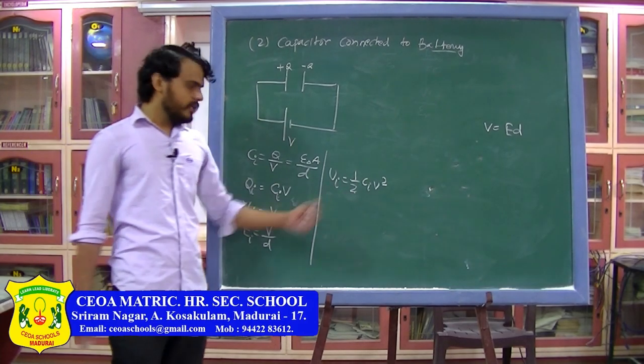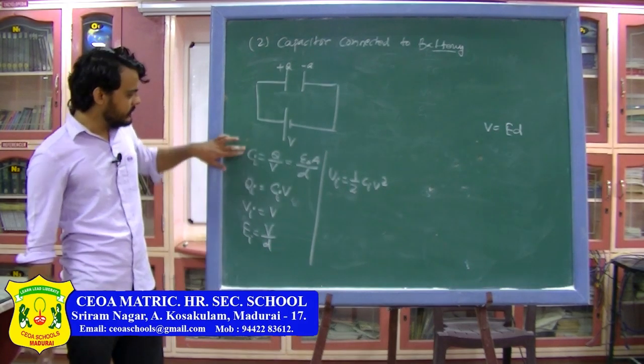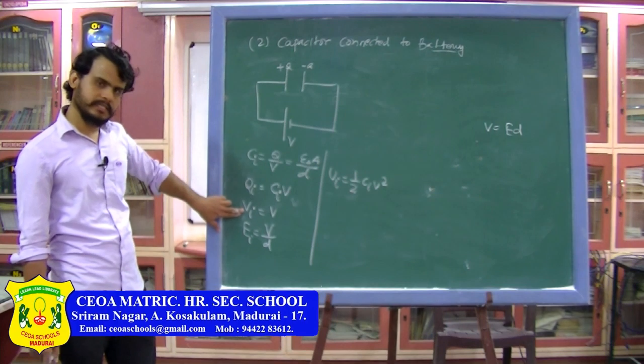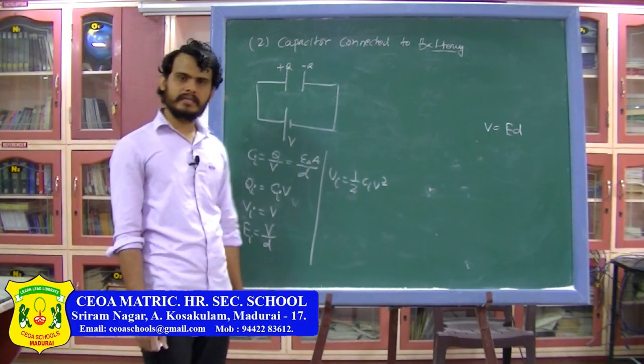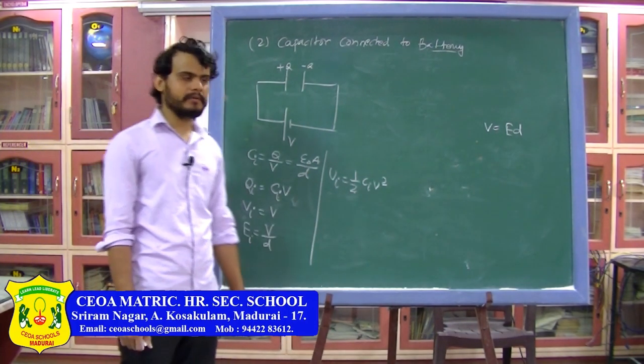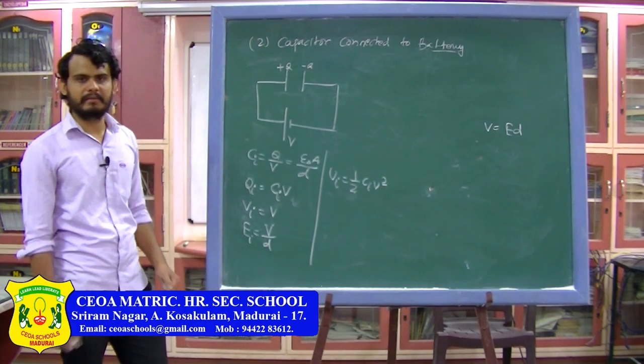So these are the formulas for initial energy, initial capacitance, initial charge, initial voltage, initial electric field and initial potential energy between the capacitor plates when there is no medium between the plates.